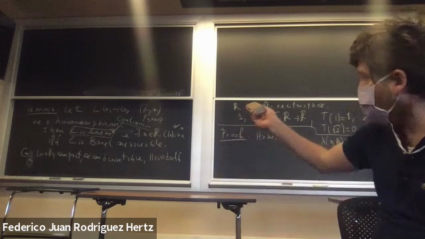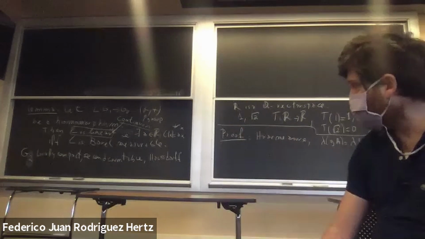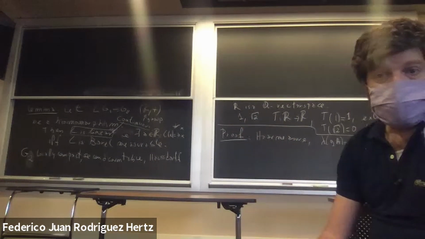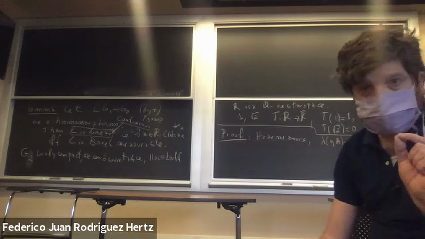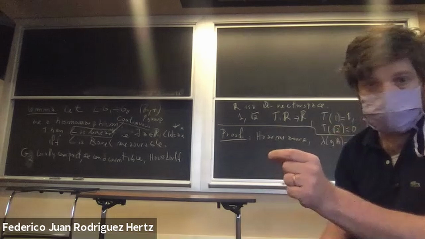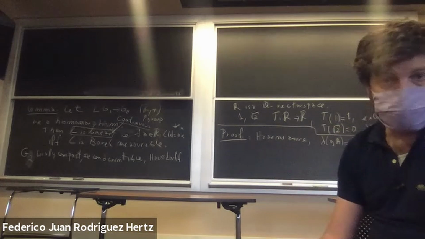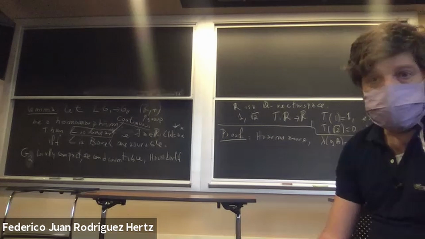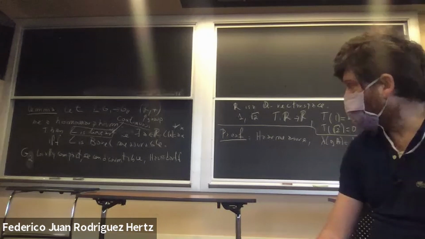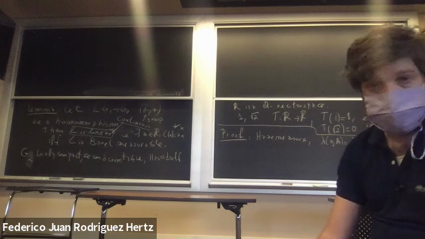Now, as I remarked there, what you have to prove is continuity. We know that for a homomorphism, you need just to care about continuity at 0. So you don't need to care about continuity at any other point. So the question is how to gain continuity at 0.